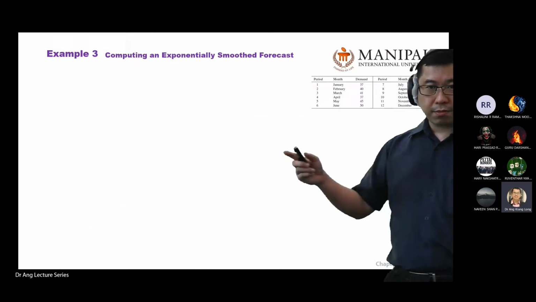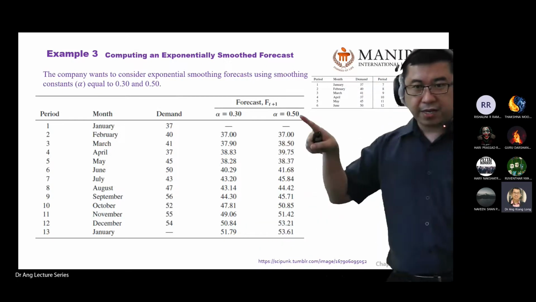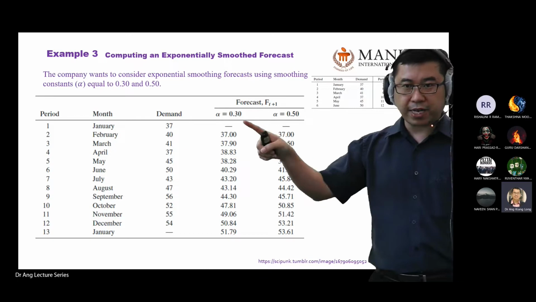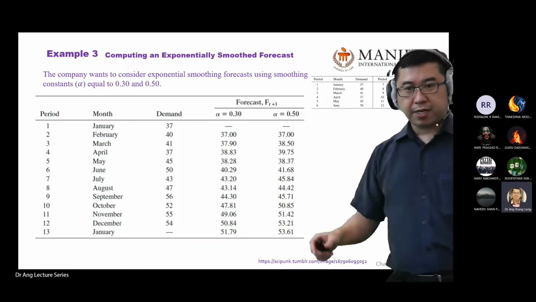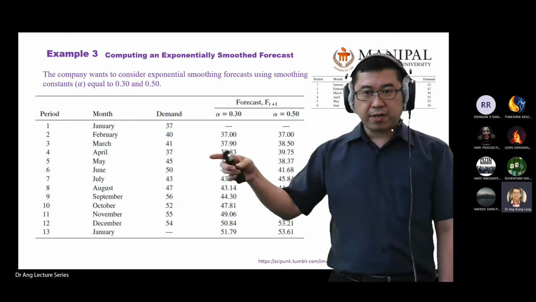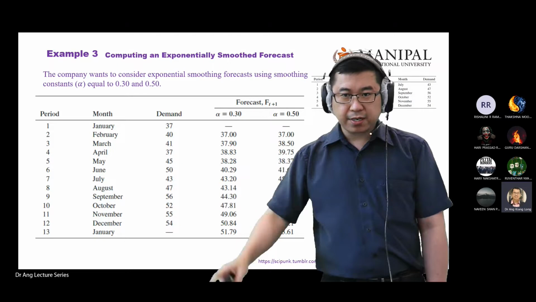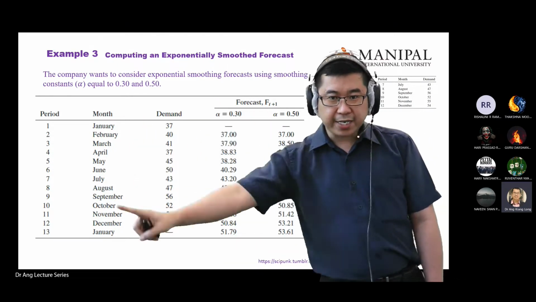So I transfer the data of my forecast values using alpha 0.3 and 0.5, and my actual demand data, and put them on the graph. My y-axis is the forecast or demand value, and my x-axis is the month.